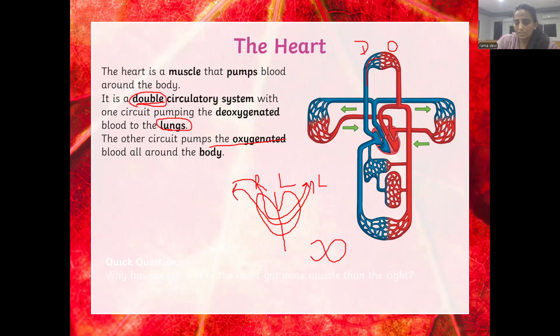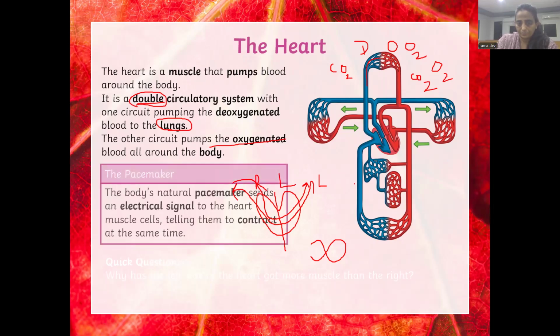The deoxygenated blood is always shown in blue, which means it does not have much oxygen, it has more carbon dioxide, whereas oxygenated blood has more oxygen. Because we exchange gases, that is, oxygen gets into the body and carbon dioxide goes out of the body, this is how the gases are exchanged. So this gives an idea about the double circulatory system.